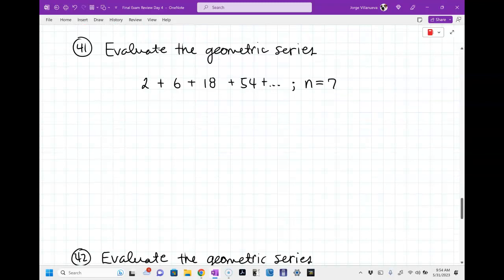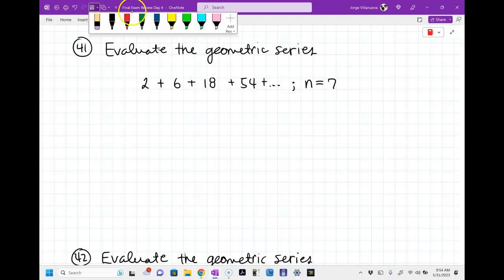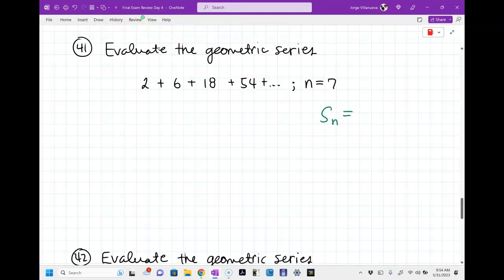This one says evaluate the geometric series. So in order to do this, you guys need to know the formula for evaluating the sum of a geometric series. Now there's two formulas. The one that I'm writing out right now is how you find the sum of a finite geometric series.